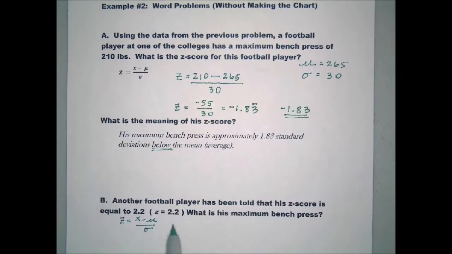In this problem, we know that his z-score is 2.2. We're actually trying to figure out what is his raw score. So we're solving for x. We know the mean of the distribution is 265. We know the standard deviation of the distribution is 30.